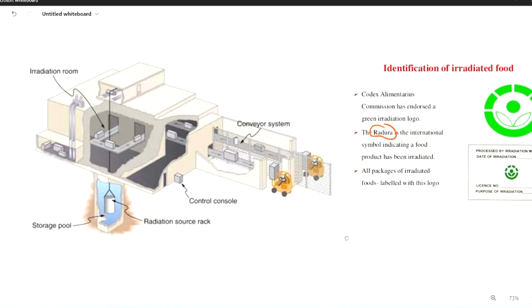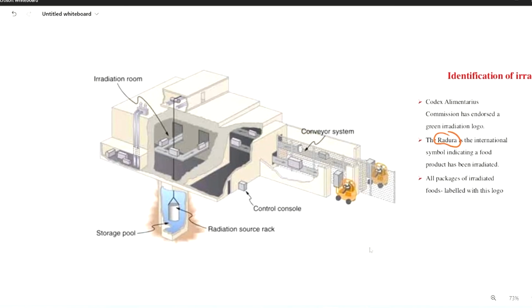Or if we talk about the system, how the irradiation is given to the food, so they always have a storage pool for the radiation source, right? They have a control and they have a conveyor system. And most important, they have a specialized irradiation room.